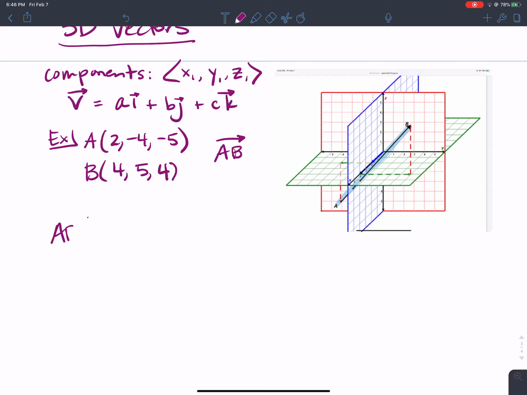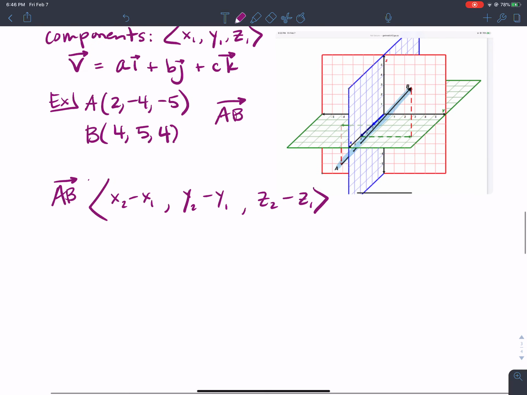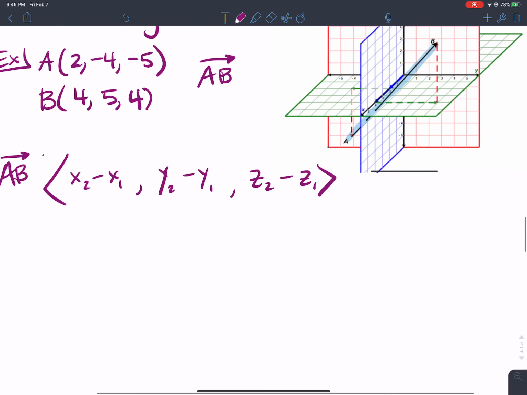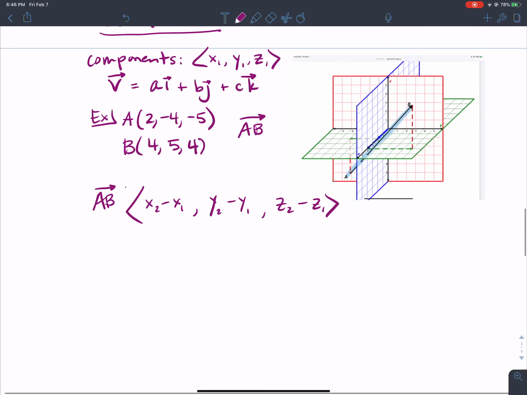So A to B is going to be x2 minus x1, y2 minus y1, and then z2 minus z1. Okay, so it's the same thing as that formula that we had. It's just now you've got 3 dimensions.